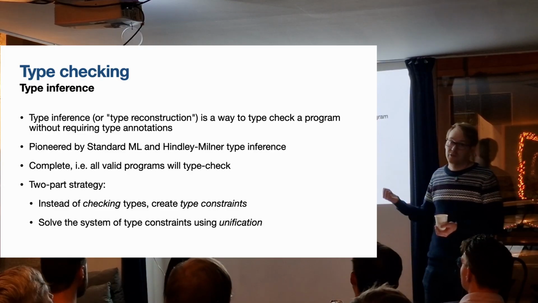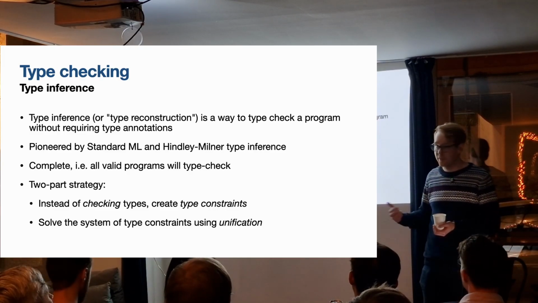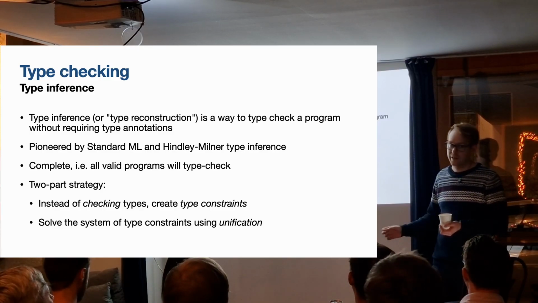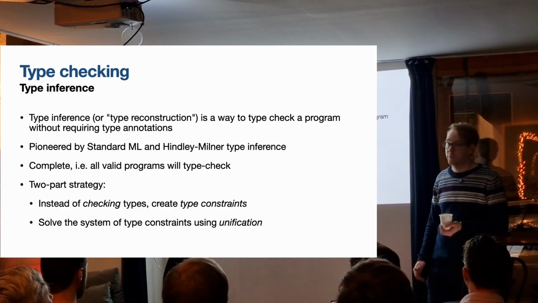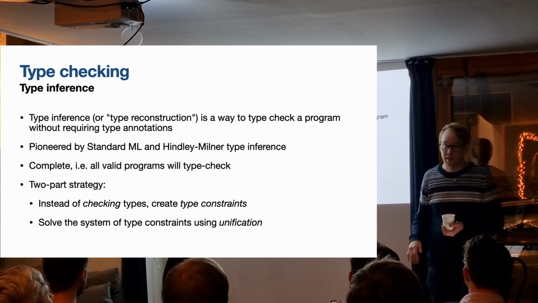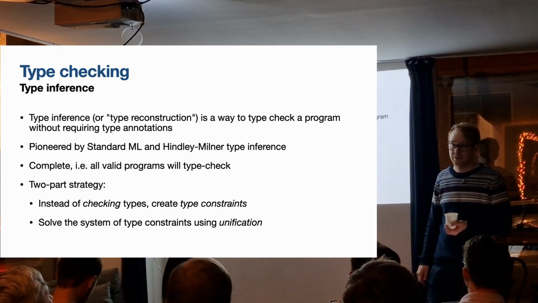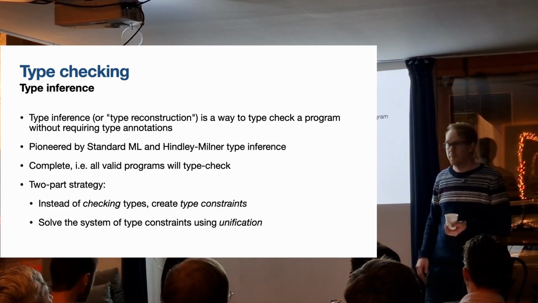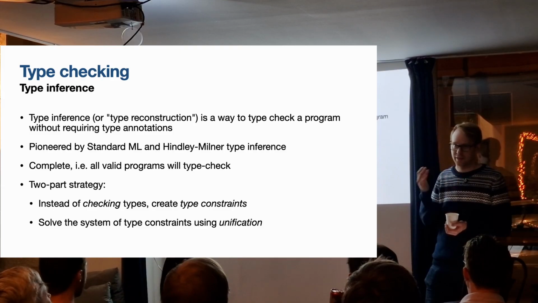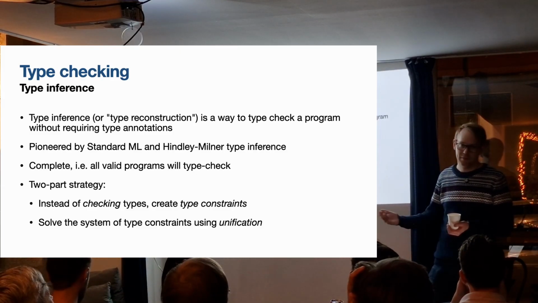This mode of type checking is called Hindley-Milner, and it was popularized by Standard ML in the 70s. But now it's quite common. It's probably the most common way to check types, except for having the programmer specify them explicitly.